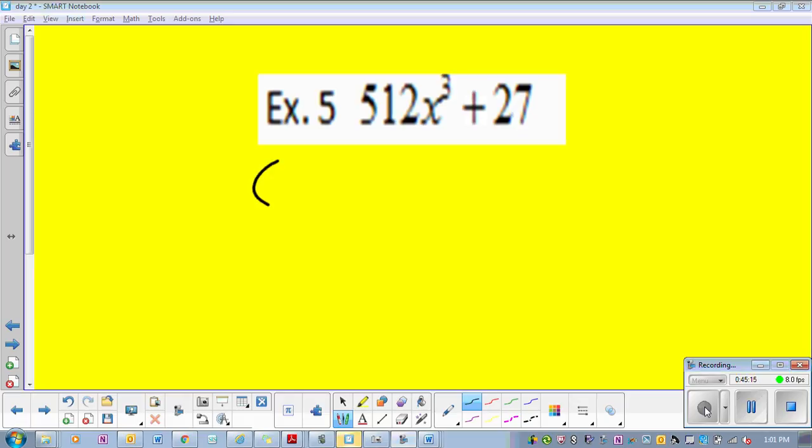No. So, all right, I'm going to set up my cube roots. Okay, so let's see, 512x cubed. What's the cube root of that? 8x. What's the cube root of 27? 3. So what did you guys put for the first term in the trinomial?